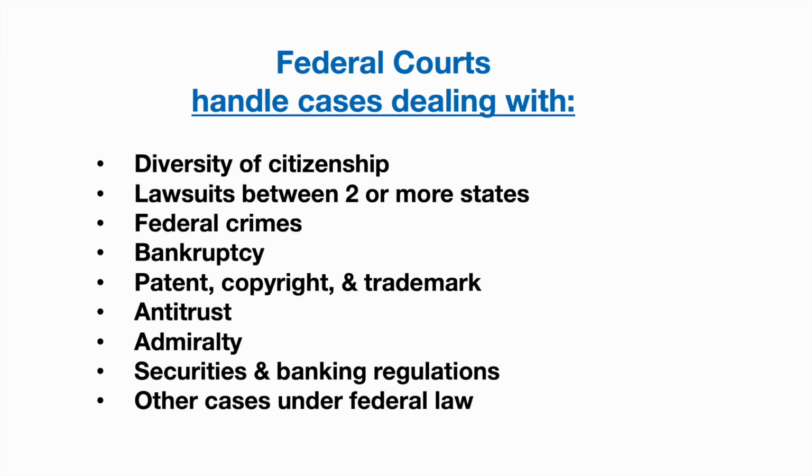Also in federal court, you will find bankruptcy cases, patent, copyright, and trademark cases, securities and banking regulation cases, antitrust cases, admiralty cases, ambassadors and other high-ranking public officials, and other cases that are specified to be handled in federal courts by federal statute.